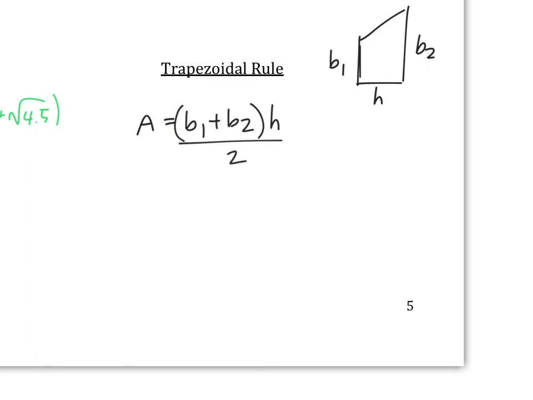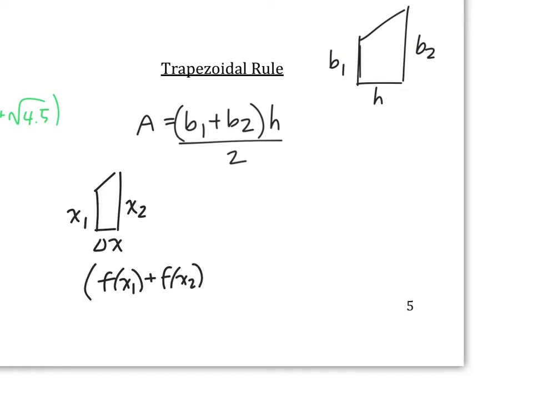Okay, so we're going to add up all the areas from the first one to the fourth one. I'm going to do this in terms of just a formula. So the first trapezoid looks like this. Let's say this is x1, this is x2, and this is delta x. So my first area is going to be f of x1 plus f of x2 times delta x divided by 2.